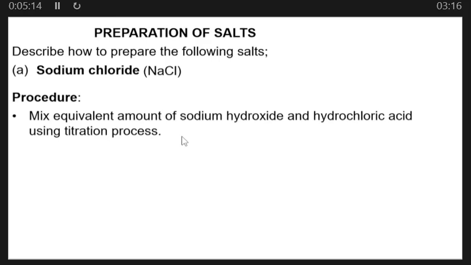You need to use titration in order to determine the correct amount of sodium hydroxide that must react with the correct amount of hydrochloric acid to reach the neutralization point, because this is a base and this is an acid. For you to be able to form a salt, these must neutralize each other. So to know the correct amount of sodium hydroxide that must react with the hydrochloric acid, you must use the titration process.